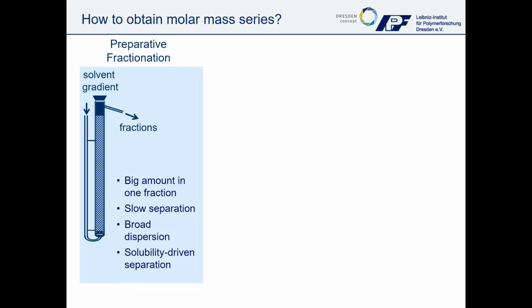However, this fractionation method requires big effort, though one advantage is that we can obtain fractions in amounts big enough to make additional analysis on the fractions, as for example microscopy, spectroscopy, different separations, or scattering methods.